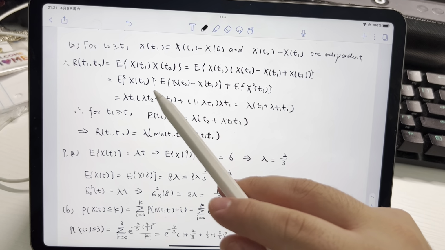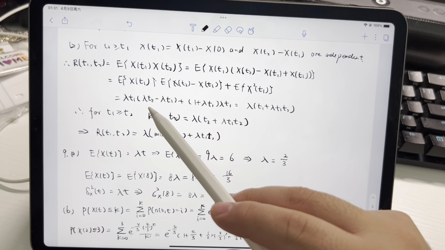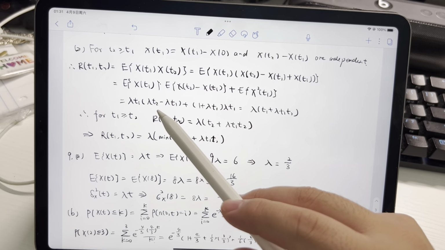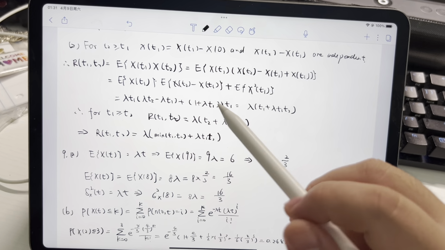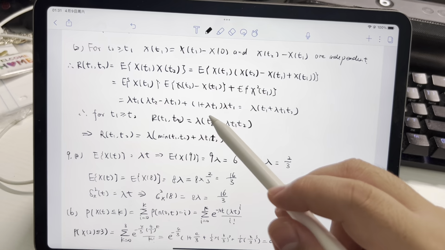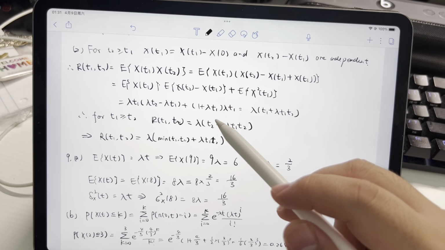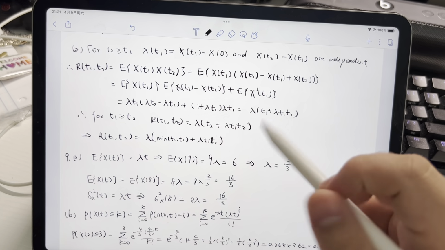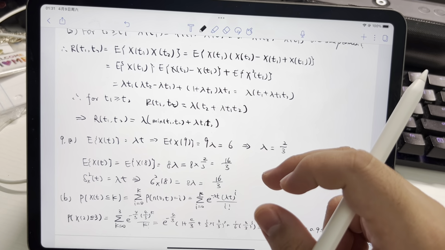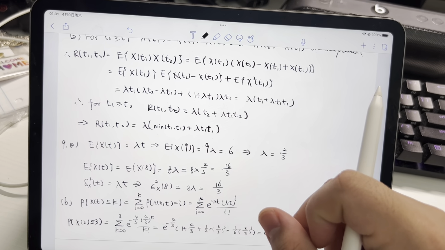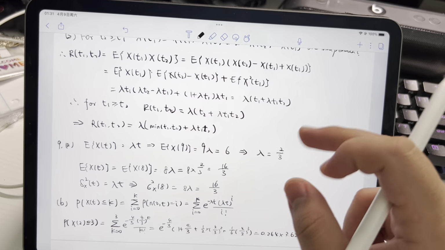The first part is lambda t1 times lambda t2 minus lambda t1, and the second part is 1 plus lambda t1 times lambda t1. So the answer is lambda times t1 plus lambda t1 t2.